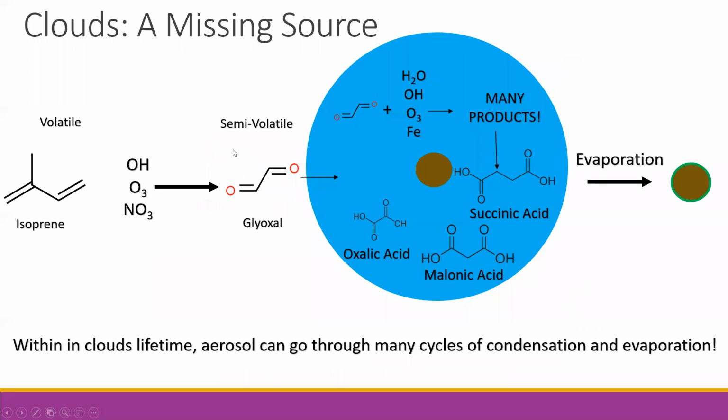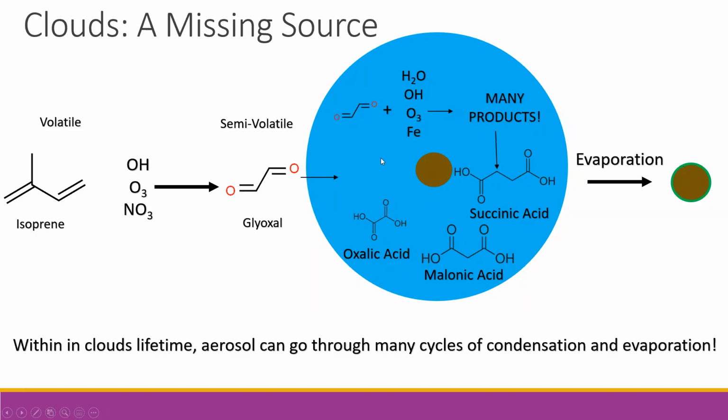These VOCs are less volatile, but they're still too volatile to actually stick to these existing particles. However, they're very water soluble. So these can dissolve into cloud droplets, fog droplets, or wet aerosols and interact with water and then oxidants such as ozone or iron to form many different types of organic compounds that are less volatile than when they entered the cloud water originally.